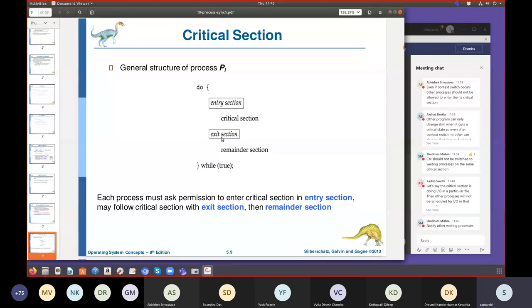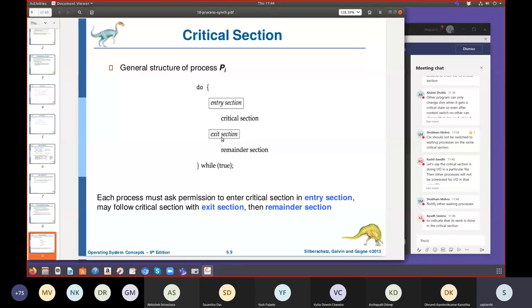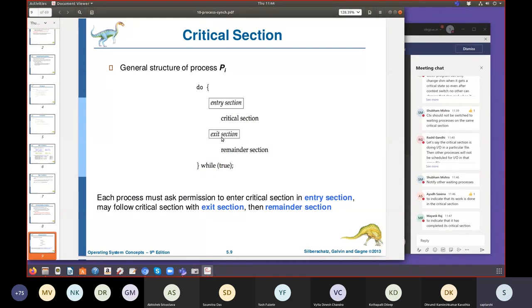Yeah, so basically, okay, Shubham, notify other waiting processes, sure, but then PI has to know which other processes are waiting. So logically you are correct. A simpler version is that in the exit section, PI should at least indicate that it has completed executing the critical section.